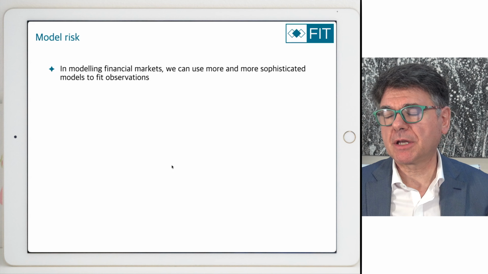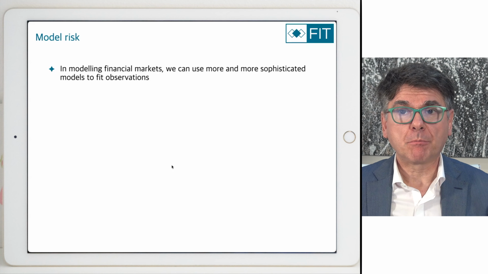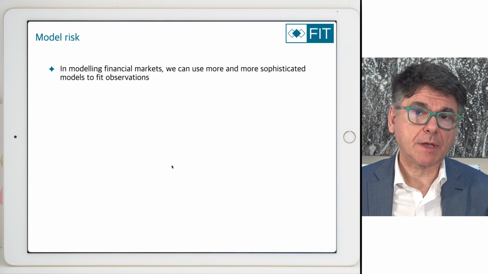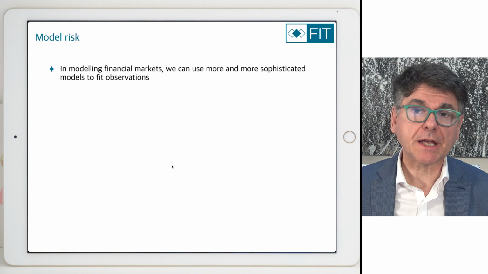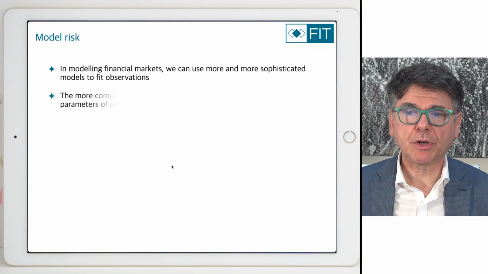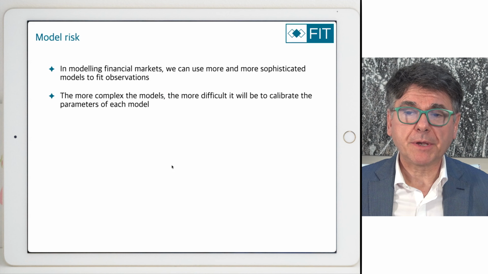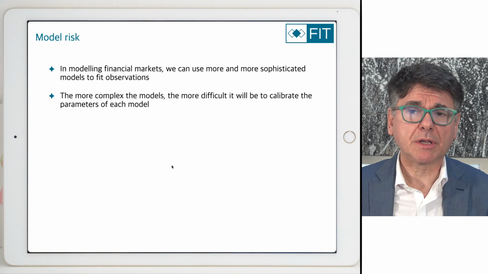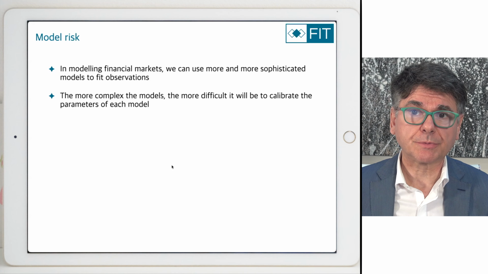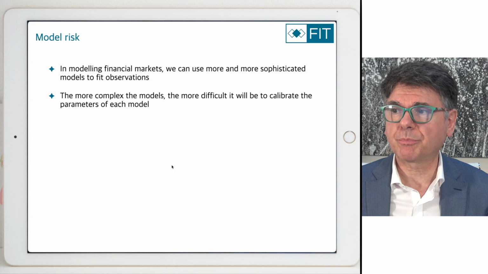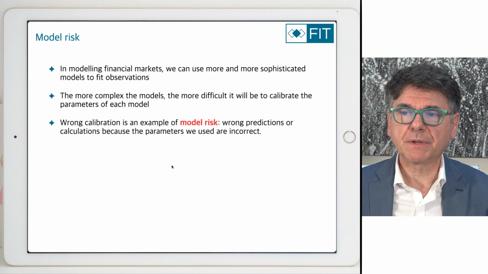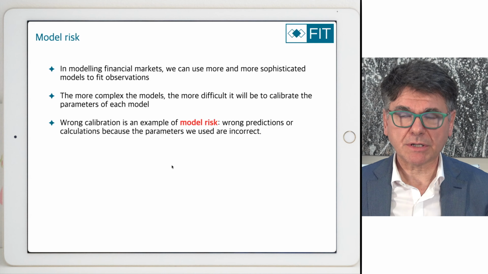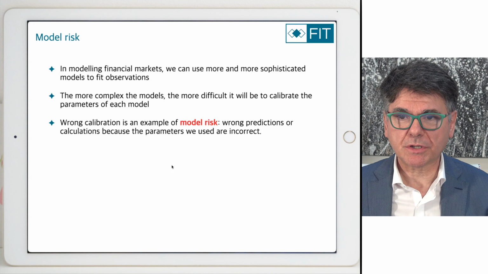I mentioned at the beginning of today's lecture how model risk, when we're doing modeling, is the equivalent of data overfitting when you're doing data science. Okay? So it's something that we need to be aware of. Because of that, the more complex the models, the more difficult it will be to calibrate each of those models. And practitioners tend to prefer simplicity over complexity because that is how we minimize the risk that exists in this category, which is model risk.